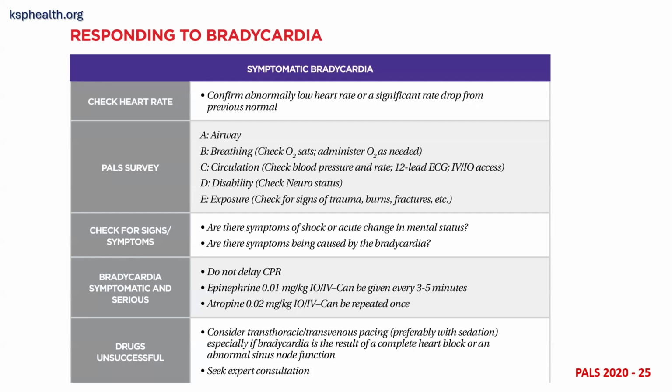It can be repeated once. If the drugs are unsuccessful in reverting or the patient has third degree heart block, consider transthoracic or transvenous pacing. Transthoracic is easier since if you have an AED, you need to crank up the amplitude that captures the heartbeat. So you can stabilize and transfer them to the cardiac or intensive care unit.